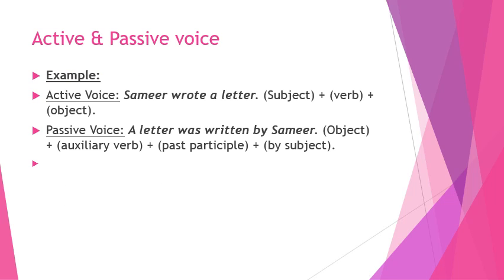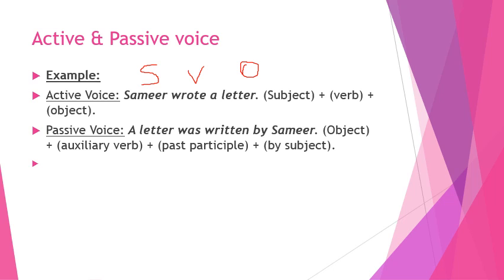Active and passive examples. Active voice: Samir wrote a letter. You can see the subject is Samir, plus the verb is wrote, plus the object is letter.